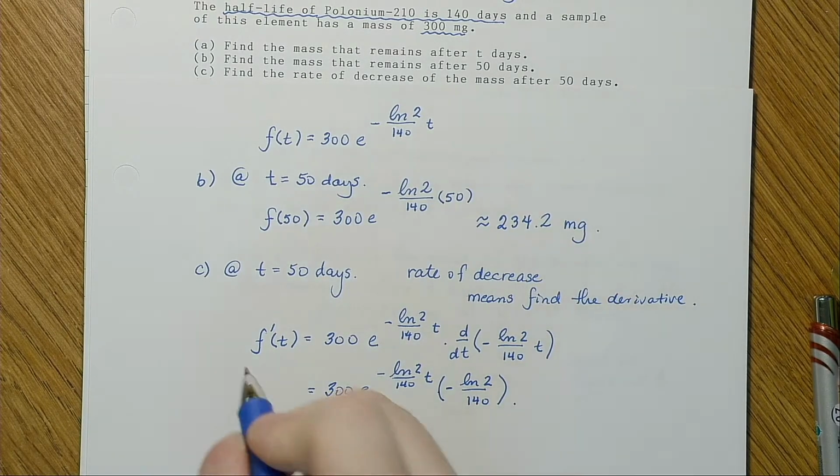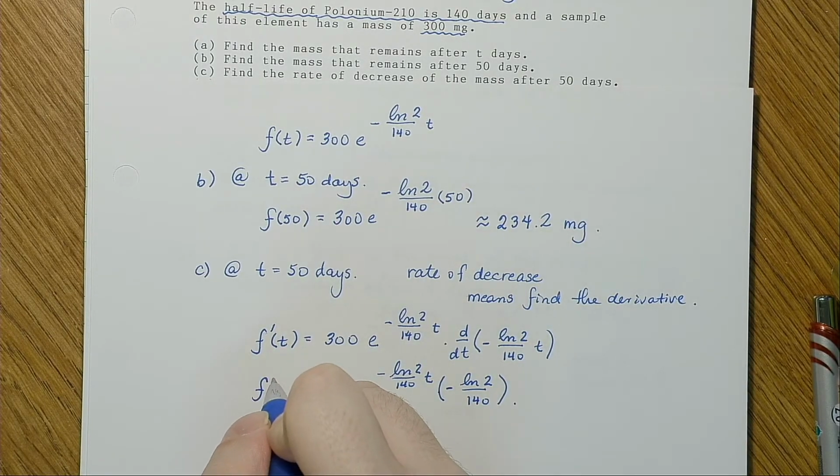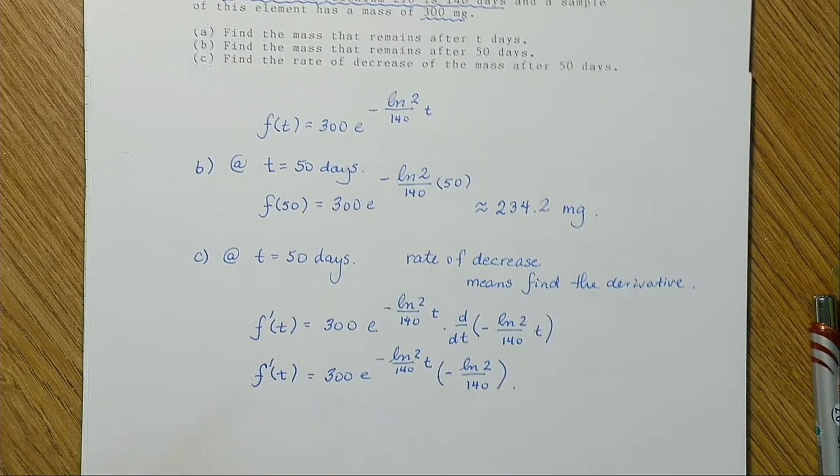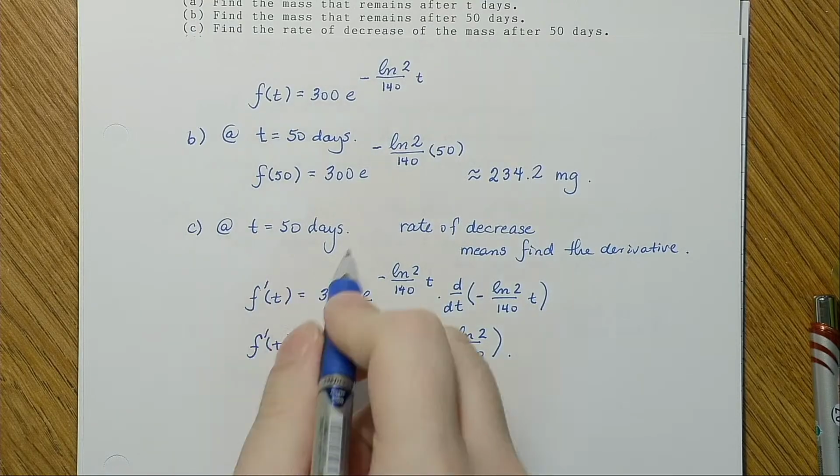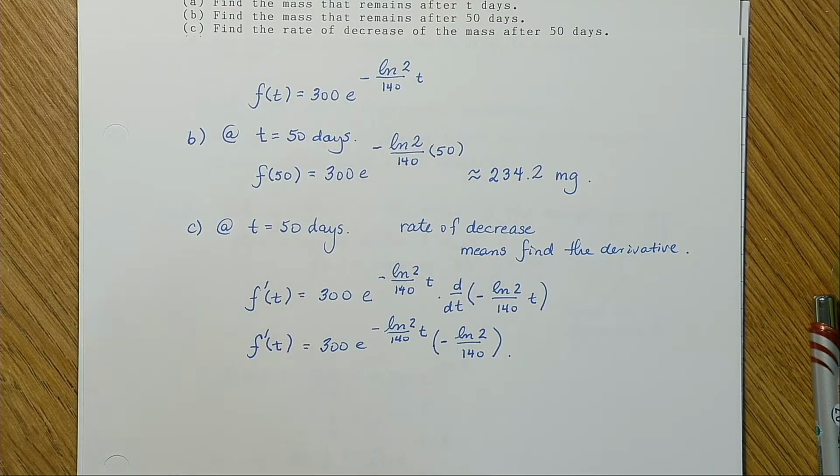And then we have our derivative, or our rate of change, or sorry, our rate of decrease. And then we're asked to find what the rate of decrease is at 50 days.